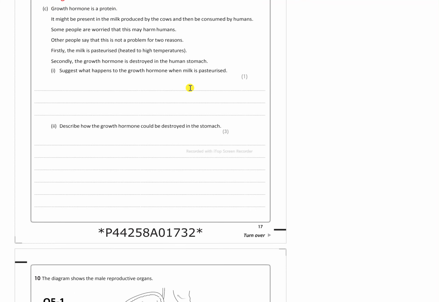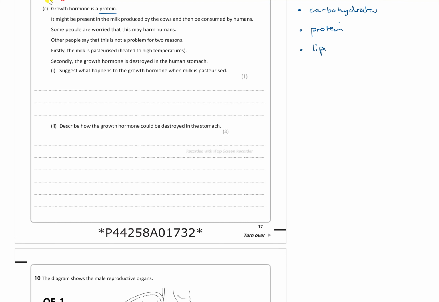Right, growth hormone. Growth hormone is a protein. What were the three groups? We said carbohydrates, proteins, and lipids.